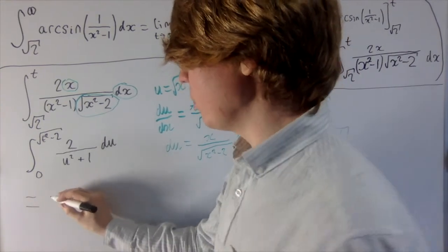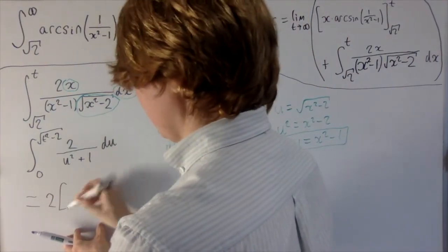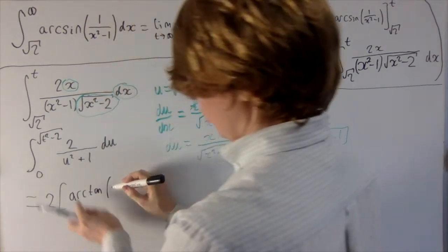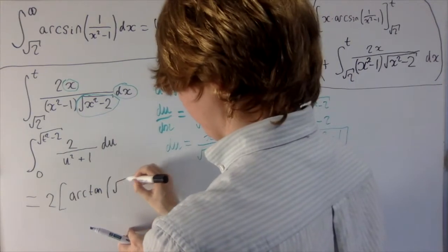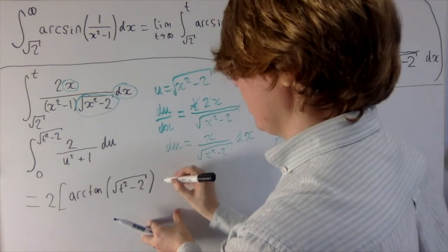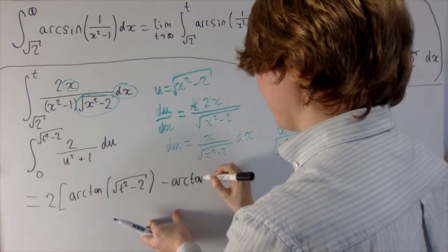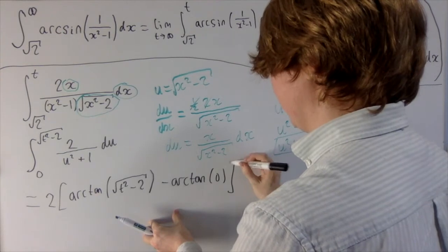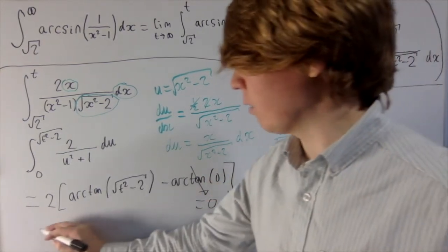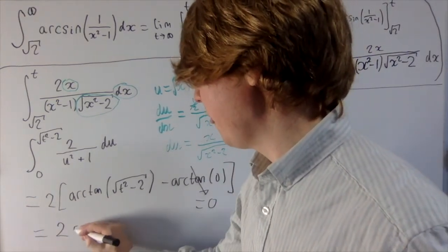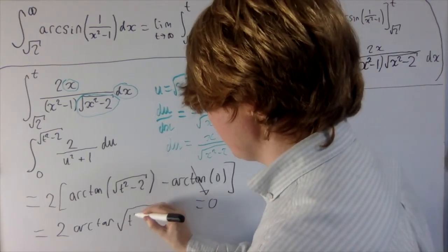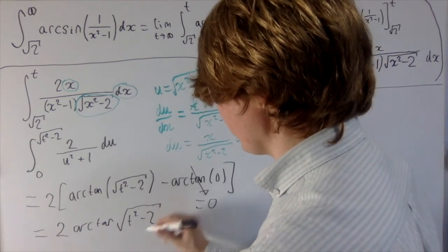So this is going to be equal to 2 arctan root t squared minus 2 minus arctan of 0. So arctan of 0, this is just equal to 0. So what we're going to get here is 2 arctan of the square root of t squared minus 2 for our integral.